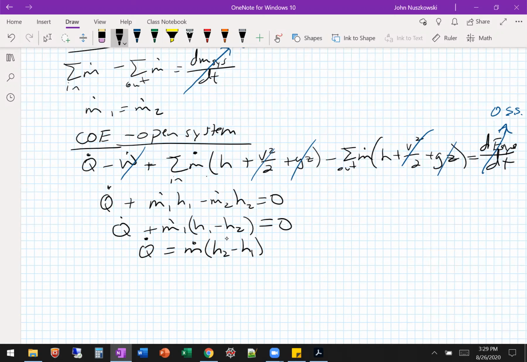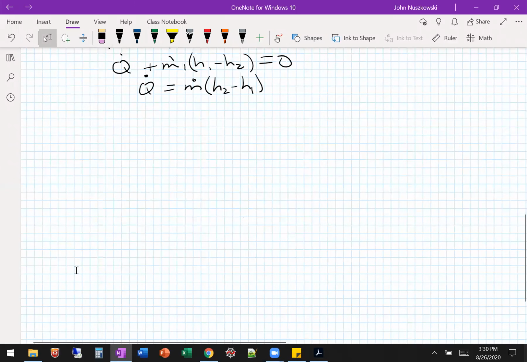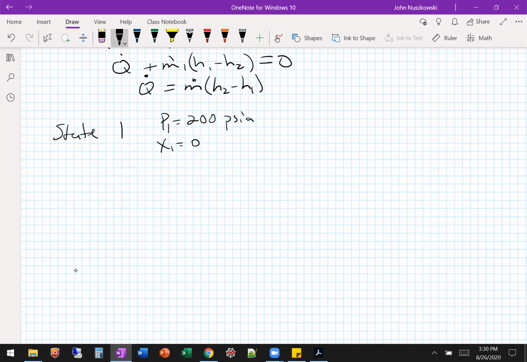We can find the H values because we know it's saturated liquid, saturated vapor at the 200 pressure. All right, so we can do our states. We have fixed states. So state 1, pressure 1 is 200 psi. We have a quality 0.